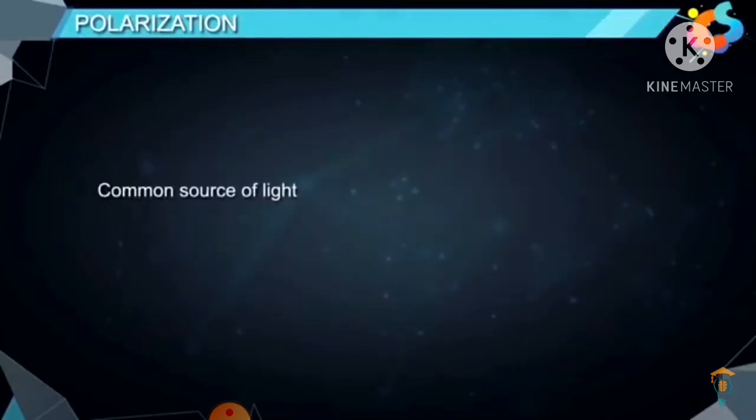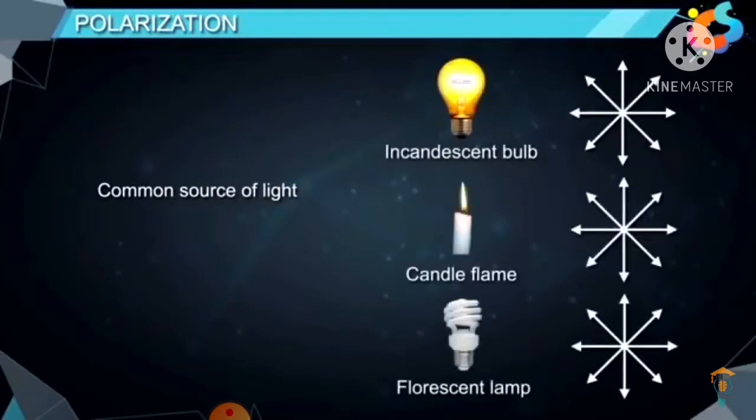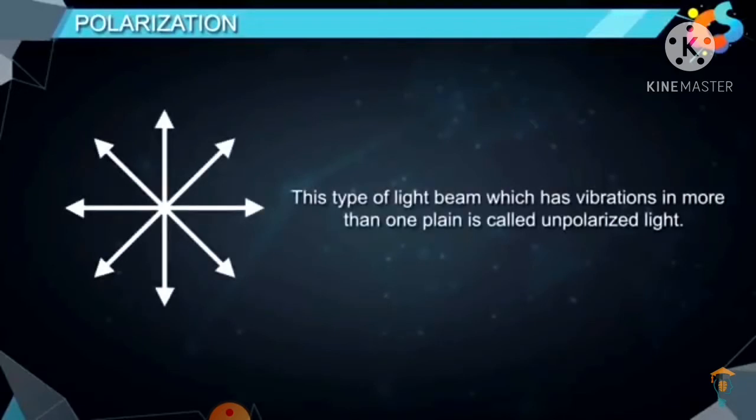Due to this, common sources of light like an incandescent bulb, candle flame, fluorescent lamp, etc. emit light that has electric field vibrations in a number of directions. This type of light beam, which has vibrations in more than one plane, is called unpolarized light.